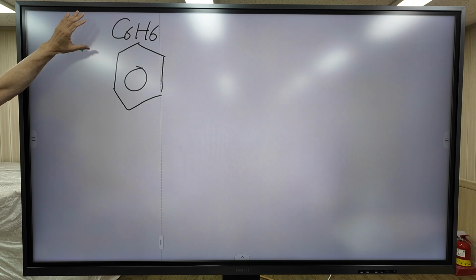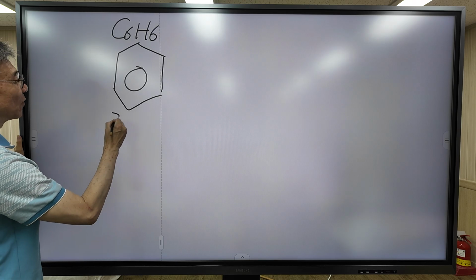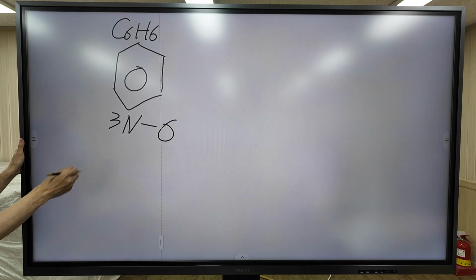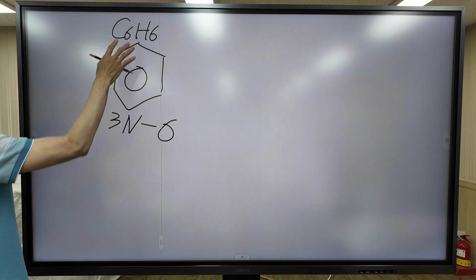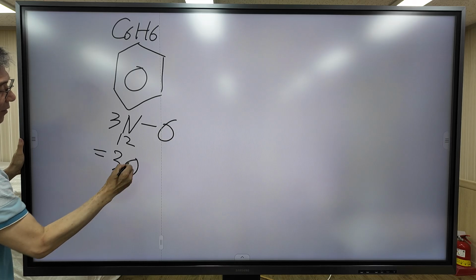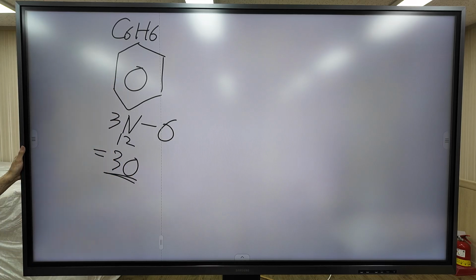This molecule is planar but non-linear, right? So the relevant formula for the vibrational modes is 3n minus 6. How many atoms does this molecule have? 12. So we have a total of 30 vibrational modes for the benzene molecule.